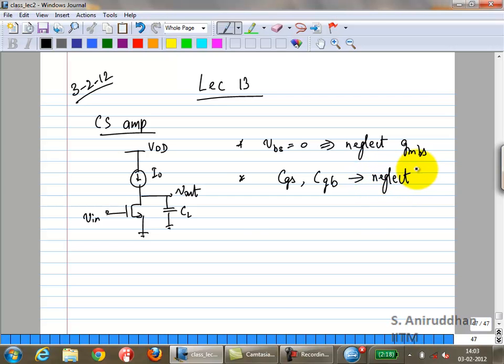Next, for now we'll neglect the capacitance, because we're going to see what happens directly from input to output. Since it appears directly across the input, we'll neglect it for now. But remember, that always assumes that you're driving with an ideal source. If your source had some impedance, if you had a VN and RN, then of course you would have to worry about the input capacitance also.